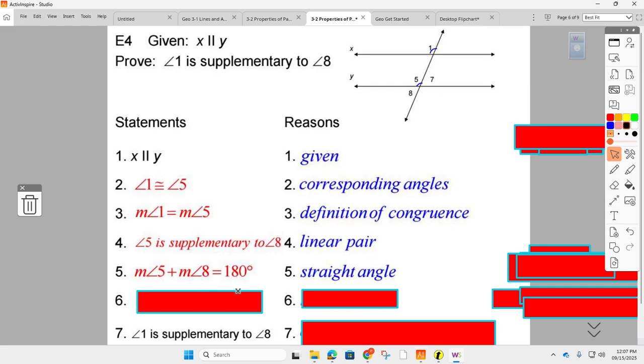So we know angle 5 and angle 8 are supplementary. We know angle 1 and angle 5 are congruent. So if angle 1 and angle 5 are congruent, then their measures have to be equal. So now we know that the measure of angle 1 plus the measure of angle 8 equals 180 degrees, and that's substitution.